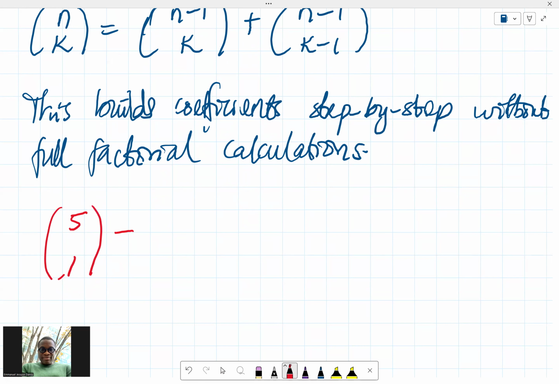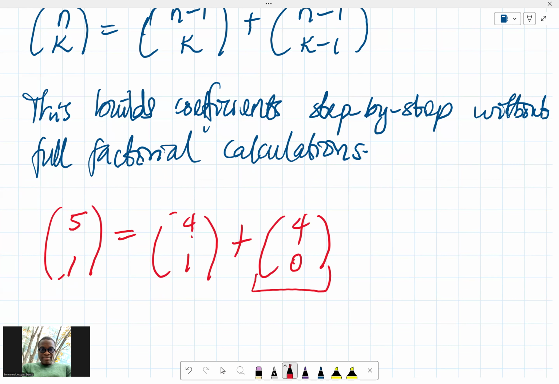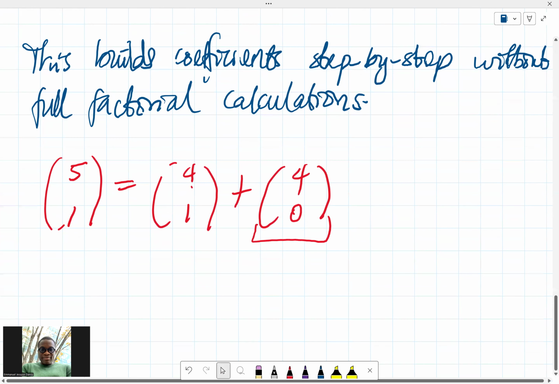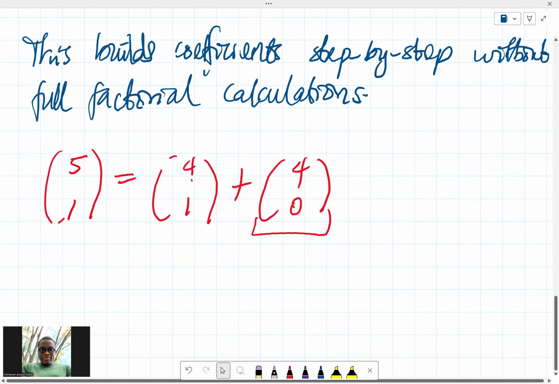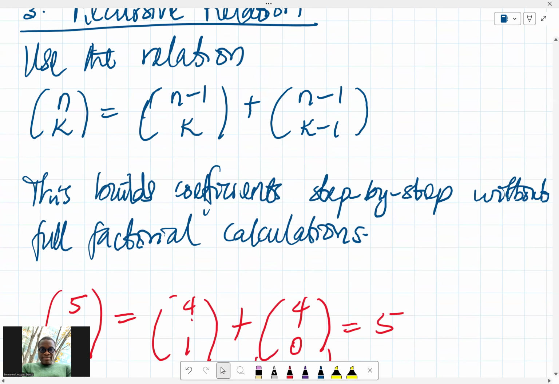So 5 combination 1 is the same thing as 4 combination 1 plus 4 combination 0. And you already know 4 combination 0 to be 1. So 4 combination 1 simply tells you that you're going to the next level. So this is 1 and this is going to be 4 straight. So you can easily get 5 combination 1 to be 5, just like we've been getting all along.